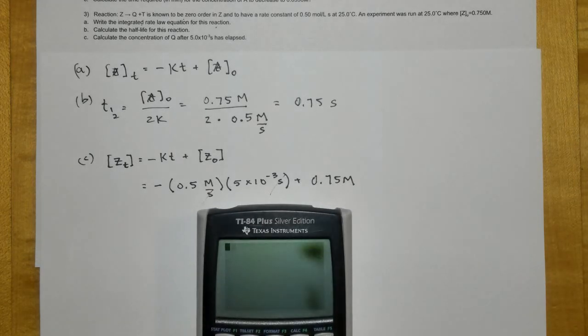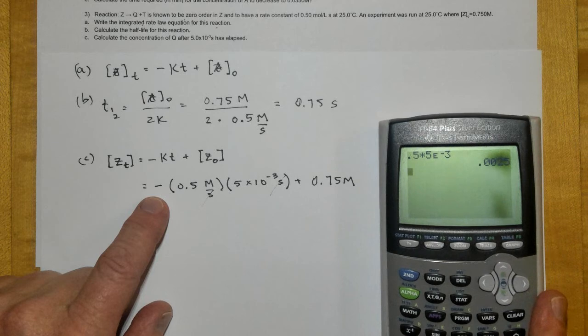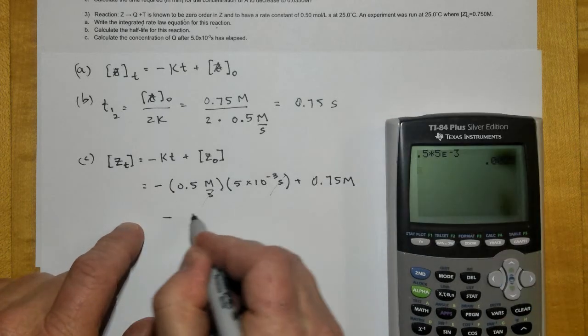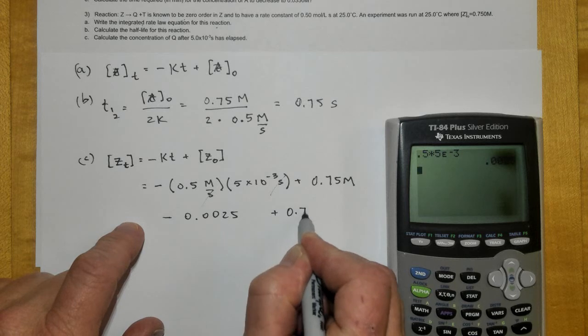So we have 0.5 times 5, enter exponent, negative 3rd. And remember, there's a minus sign right here, so this is going to be a negative number when I write it down. So I end up with negative 0.0025, and then I'm going to add that to 0.75.